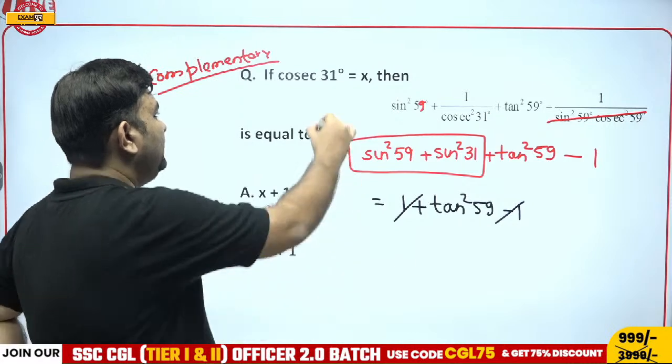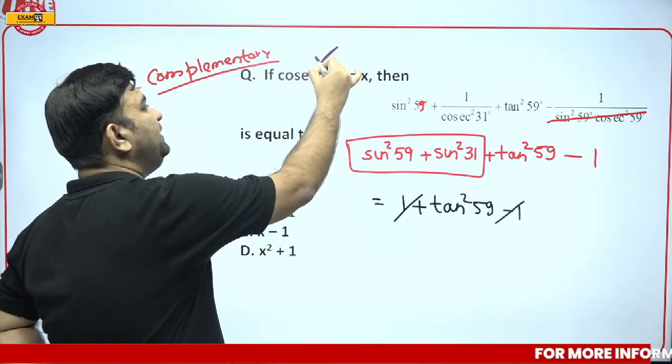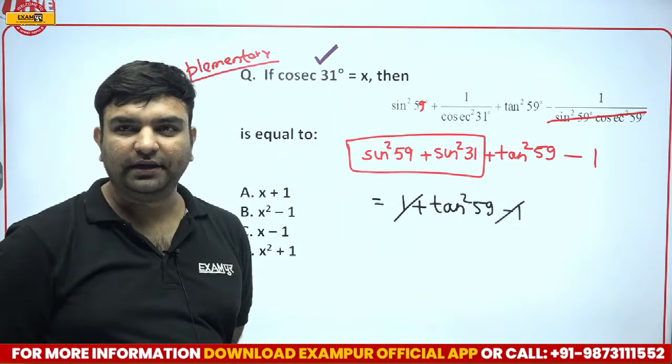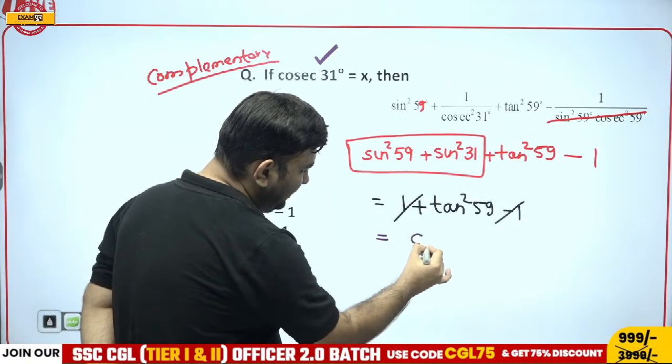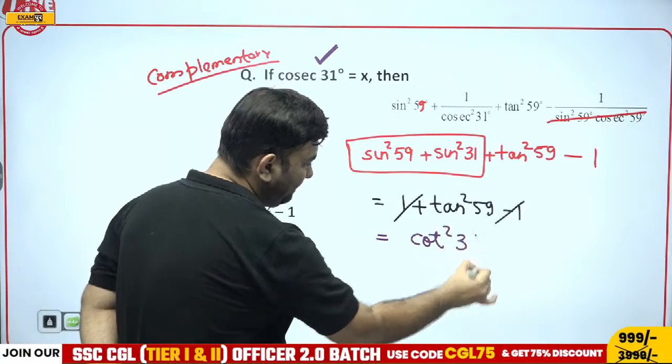Tan square 59. But the information is given in terms of cosec 31. So tan square 59 can be written as cot square 31.